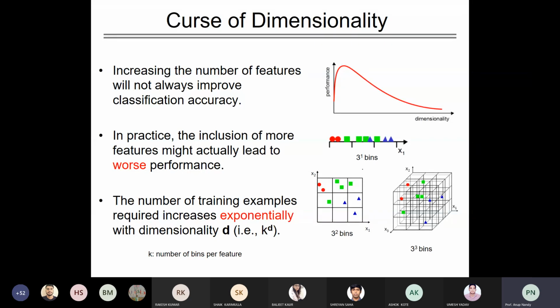Now you go to x2, two dimensions. If k is the number of bins per feature, and you consider a bin size of 3, then it is 3 squared, then 3 cubed. You are going to increase the number of training samples needed, and it grows exponentially with the dimensionality.